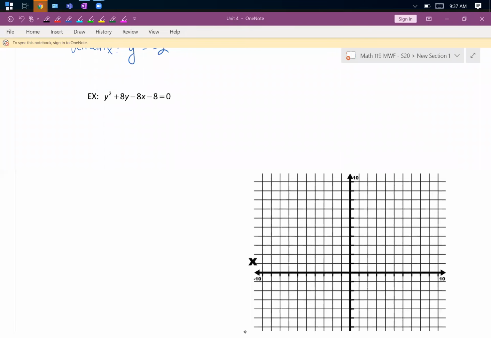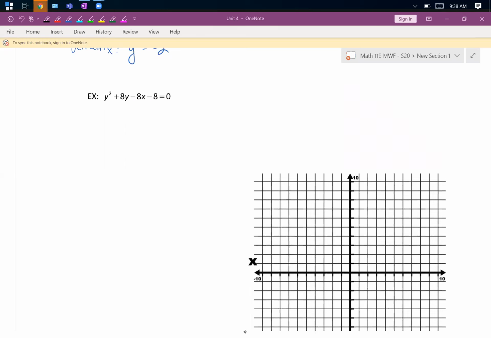Okay, so right away I take a look at this and I want to think about whether my parabola is opening up, down, or side to side. So which direction will this parabola be opening? Is that up, down? Because the y is squared, that's not the one that we've usually been doing.